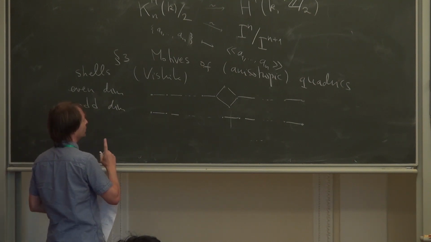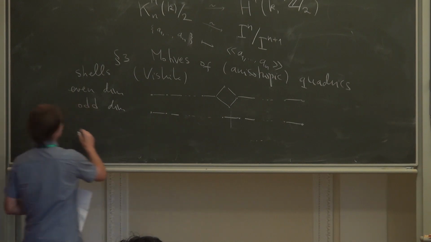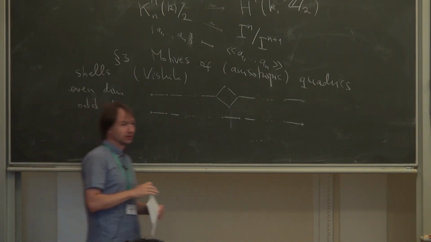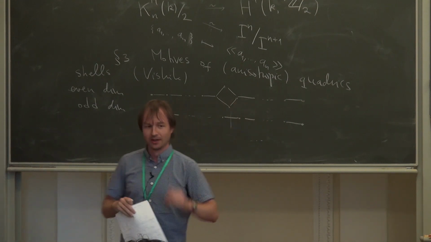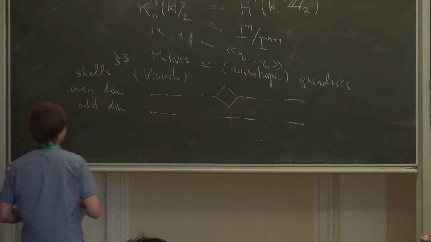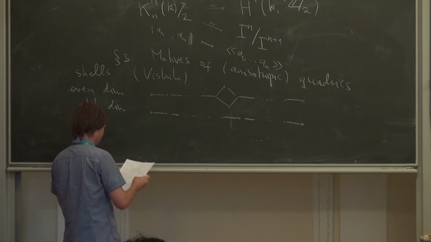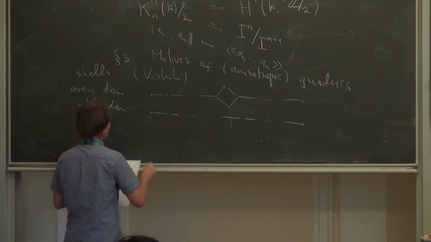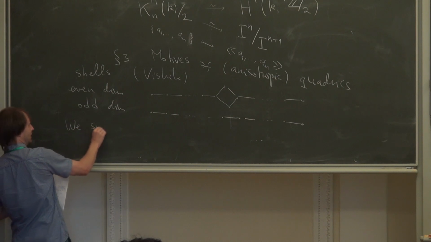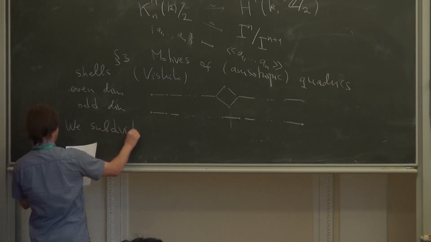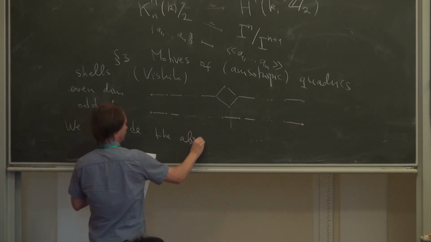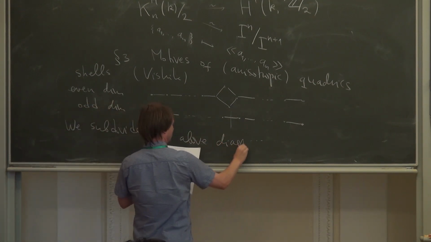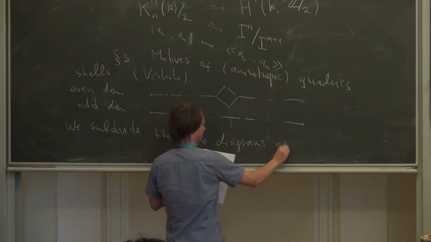First of all, assume that our quadric is anisotropic, so the Witt index i0 is 0. Let's start with the first Witt index. We subdivide the above diagrams as follows.